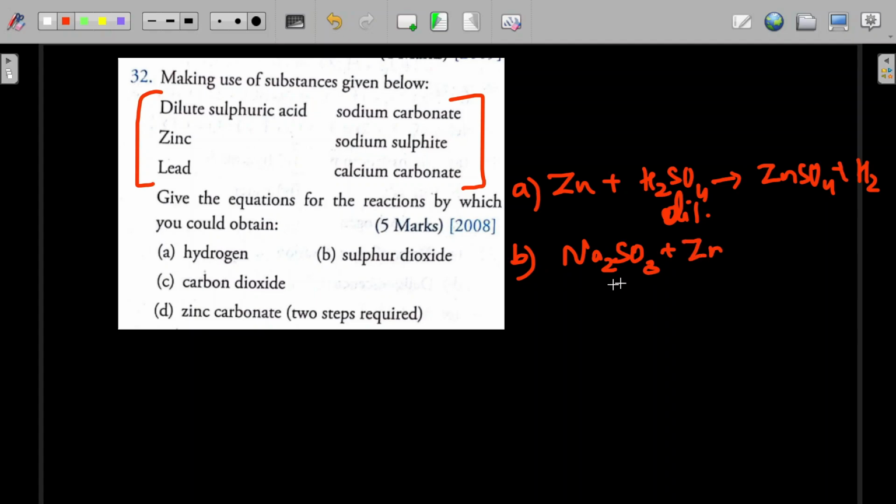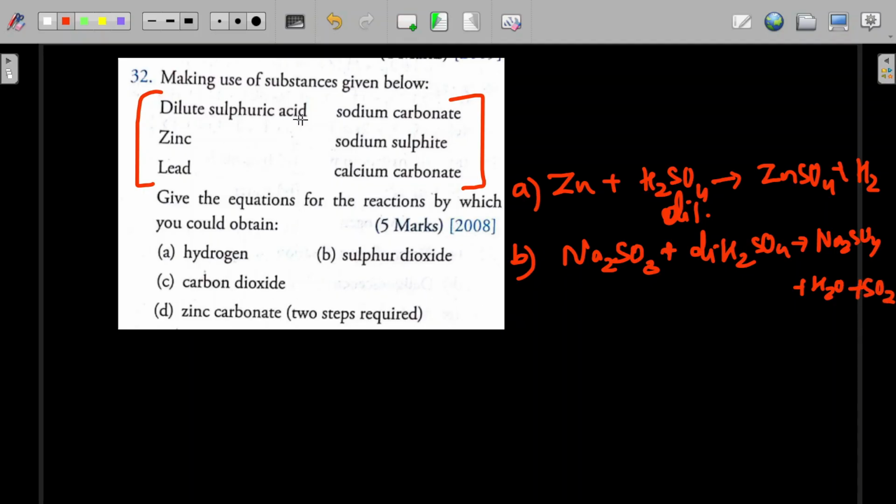Okay, what will you write? Na2SO3 plus dilute H2SO4. What will you get here? Okay, this is a typical acid reaction. Metal sulfite plus dilute sulfuric acid. So you will get salt, Na2SO4, water, and SO2.